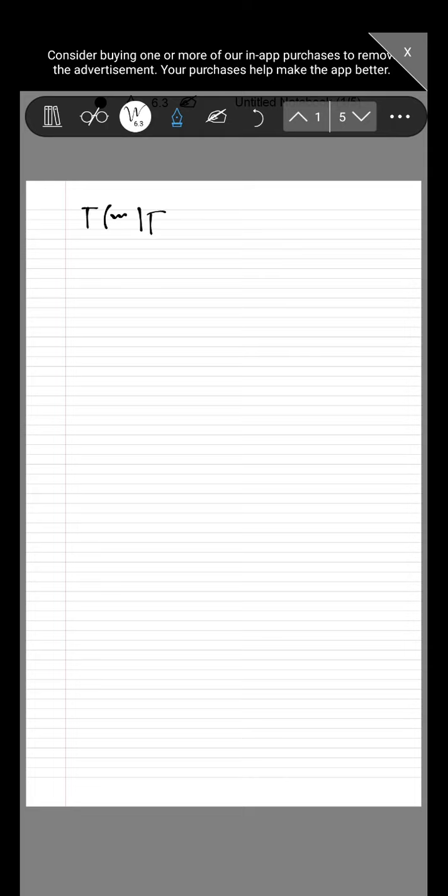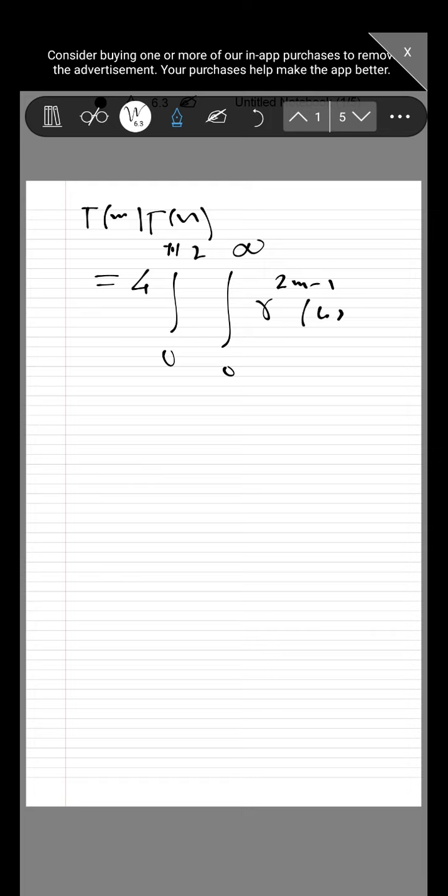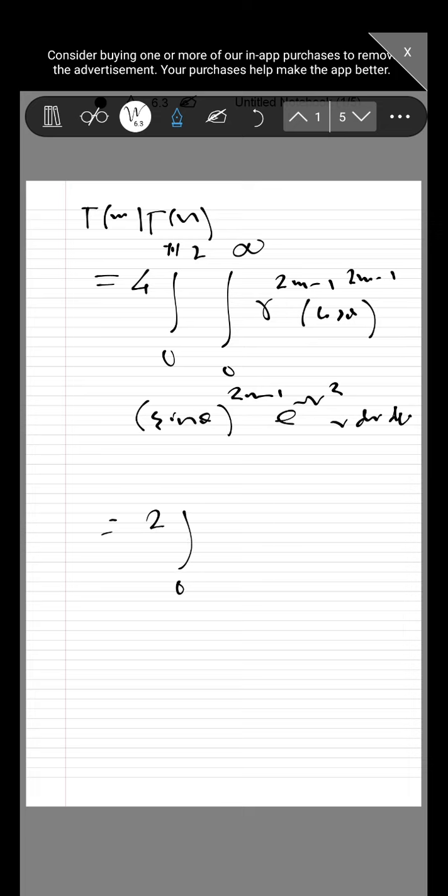gamma m into gamma n is equal to 4 into the integral 0 to pi by 2 and 0 to infinity r to the power 2m minus 1 cos theta to the power 2m minus 1 into sin theta to the power 2n minus 1 e to the power minus r square r dr d theta, and this is also equal to 2 into the integral 0 to pi by 2 cos theta, taking it out, separating the two integrals, to the power 2m minus 1 into sine theta to the power 2n minus 1 d theta.